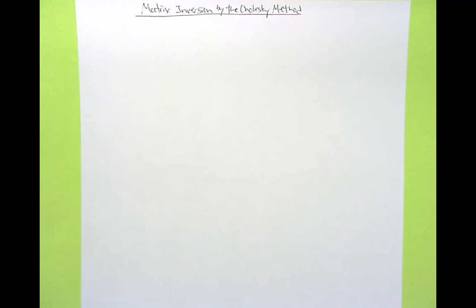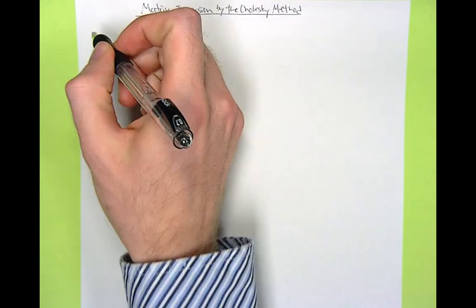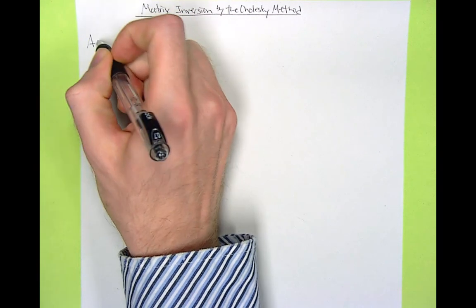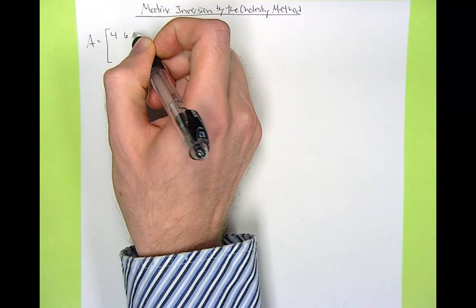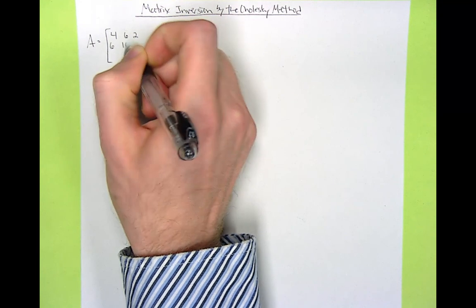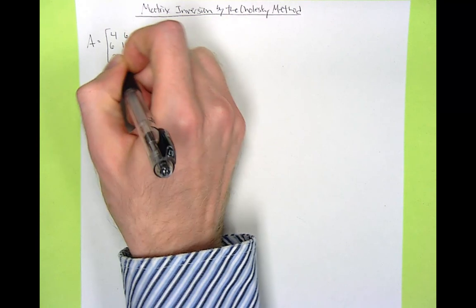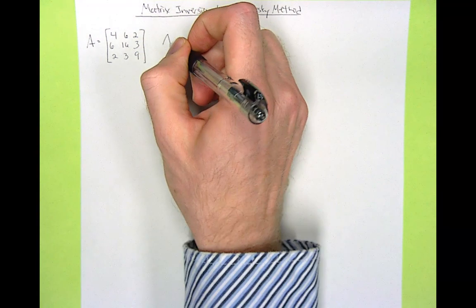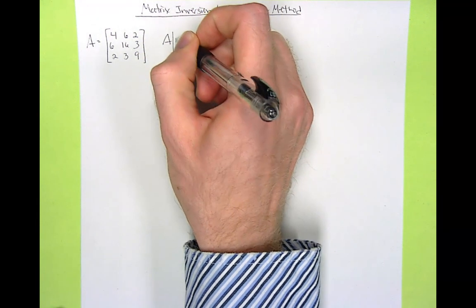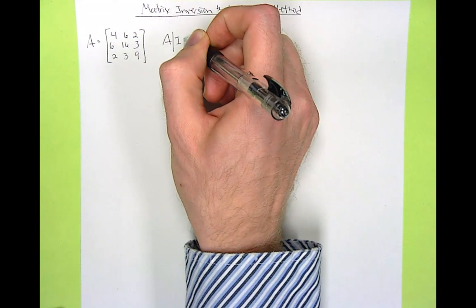First, we adjoin an identity matrix to the target matrix A. Remember that our target matrix A is equal to 4, 6, 2, 6, 16, 3, 2, 3, 9. So what we're going to do is adjoin an identity matrix with it.